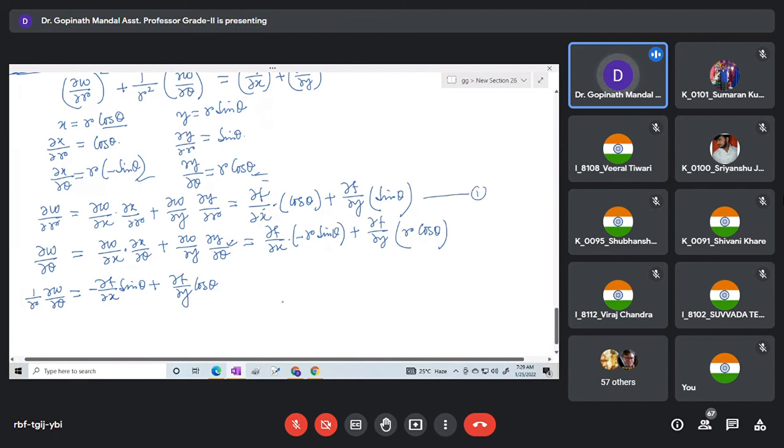This is equation number 1 and this is equation number 2.